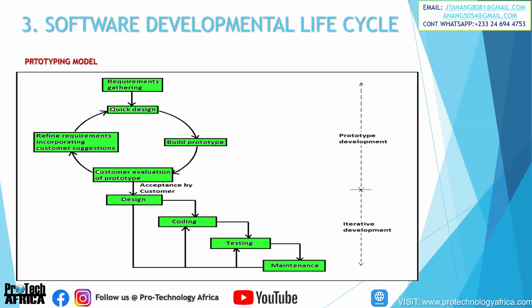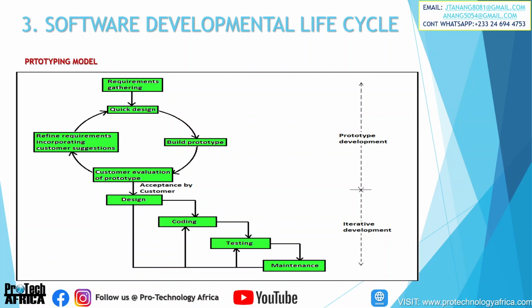But if something is not clear about the prototype that has been given, then from building the prototype to the customer evaluation of the prototype, we now move on to the refined requirements, incorporating the customer's suggestion. Then we come to quick design.